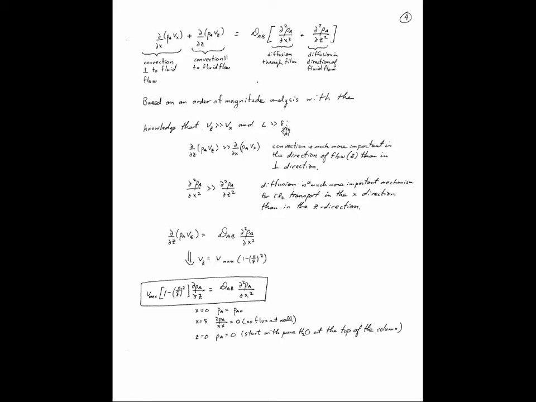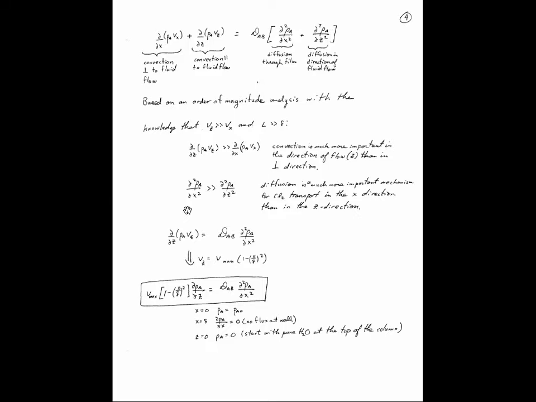With these two specifications, you can show by order of magnitude analysis that this term is much greater than this one. That is, that the dominant term for convection in this problem is convection down the wall of the film. That is, that convection from the gas phase towards the wall is negligible.